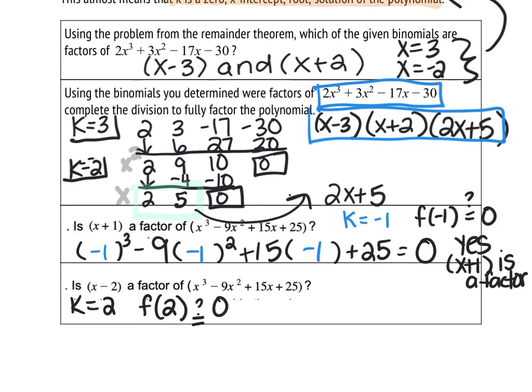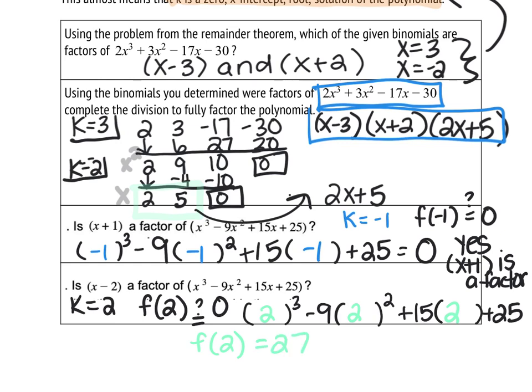So placeholders again, it's the same problem: cubed minus 9, and for this one we're putting in 2. And I got that f of 2 is actually equal to 27. So if f of 2 is equal to 27, that means that this is not a factor.